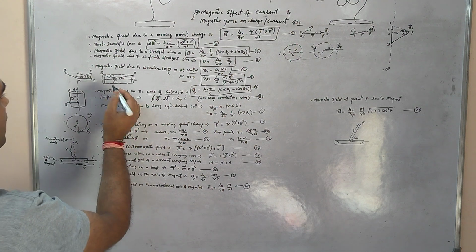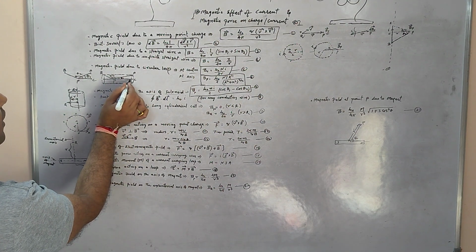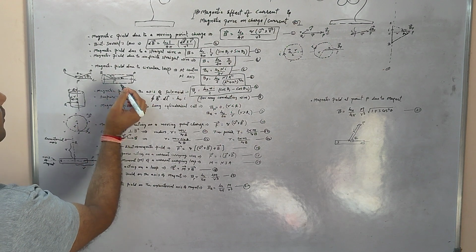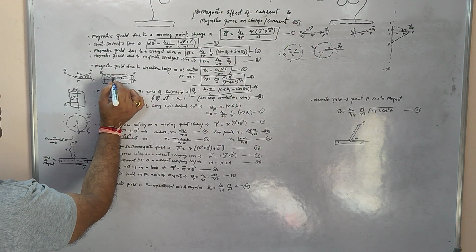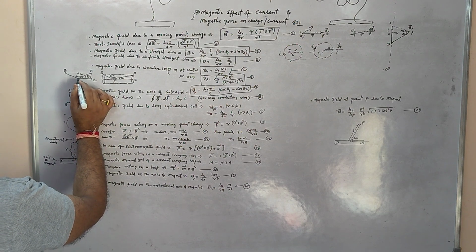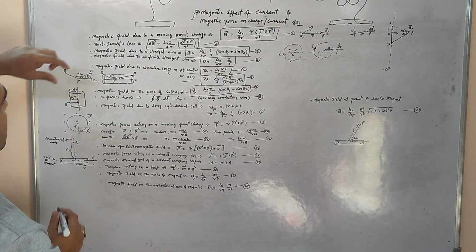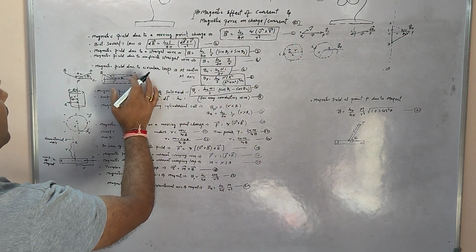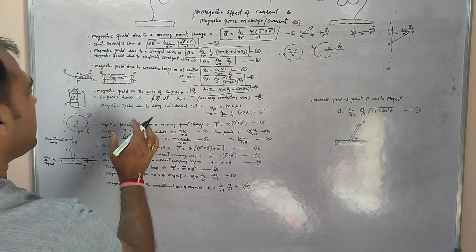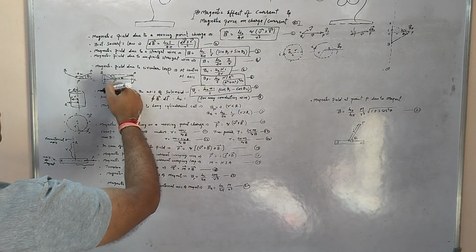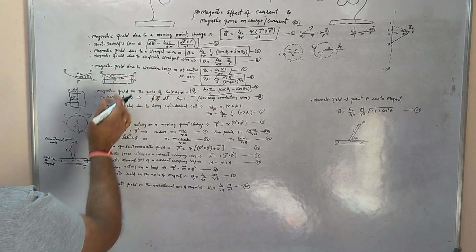See, if this is a point P on the axis of this solenoid, anywhere, this is the axis, this is point P, and A and B are the points at the corner of the cross section of this solenoid.